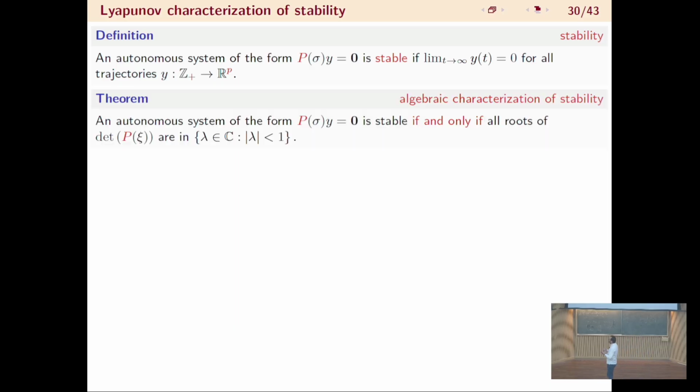Now, one can show that an autonomous system is stable if and only if all roots of the determinant of P of xi, which is a square polynomial matrix, lie in the open unit disk. I take the determinant, it's going to depend on xi. It's not very unexpected, right?